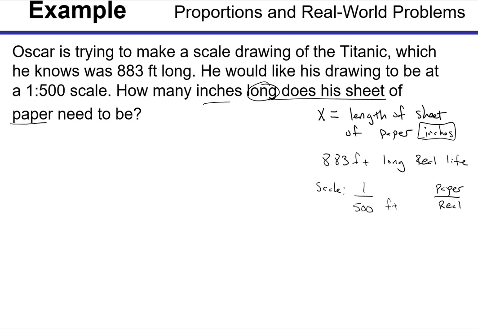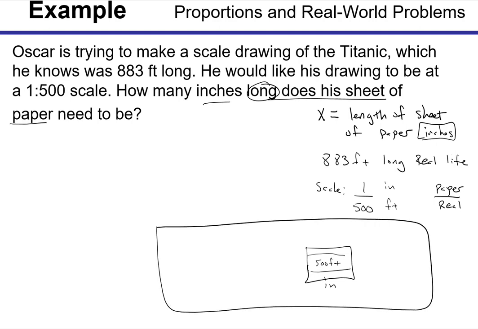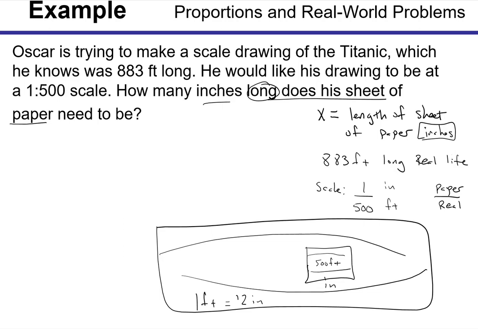Now, this is where we have to use some logic and reason it out. 1 inch. Here's 1 inch of paper. How good of a drawing can I make of 500 feet of the ship on this tiny 1 inch piece of paper? My drawing's going to be terrible. I can't scrunch 500 feet of details from the ship on that piece of paper. But if my drawing is a foot, which is 12 inches, we can draw the ship with a lot more detail.